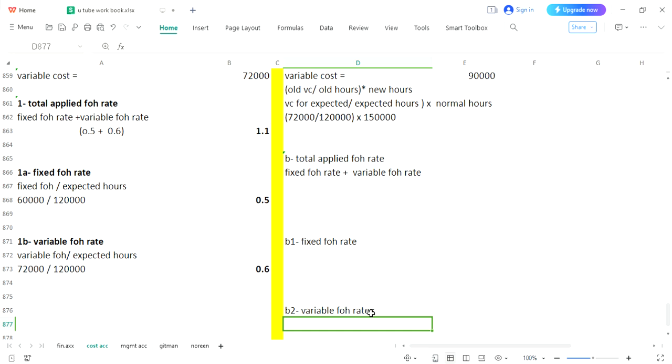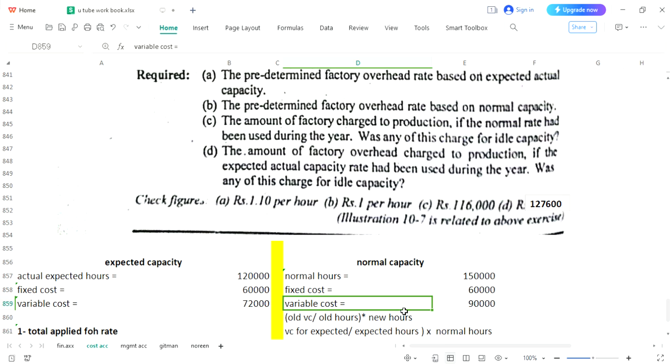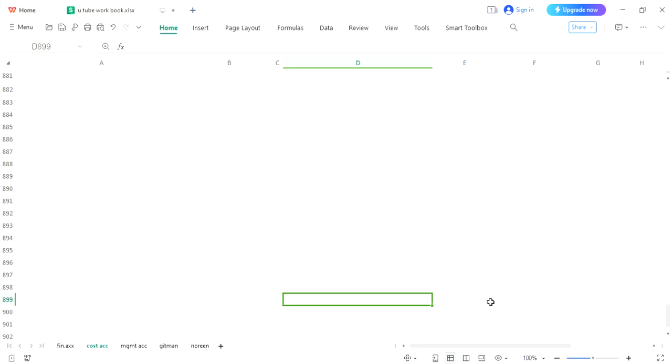Alright, so first we will be calculating the last thing, the variable FH rate. How do you calculate? For this you will have variable cost and that would be divided by normal hours. Variable cost is present over here. You can see variable cost 90,000.